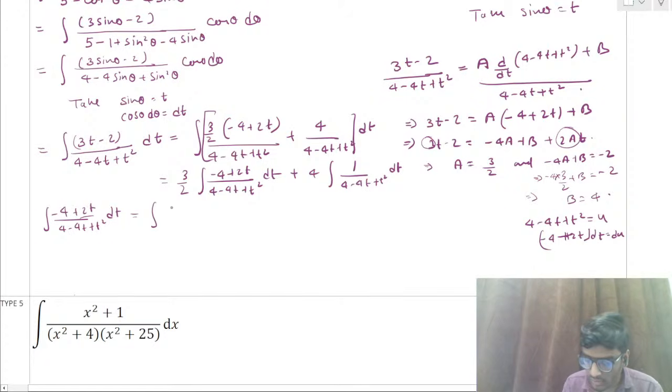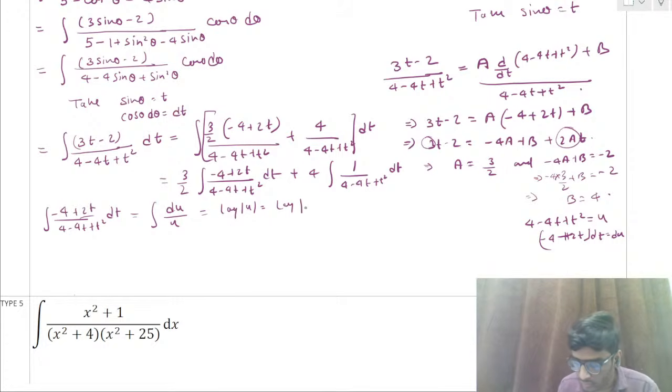So this integral becomes du upon u, which is nothing but log of mod u, which is log of 4 minus 4t plus t square. Again, when we integrate 1 upon 4 minus 4t plus t square dt.